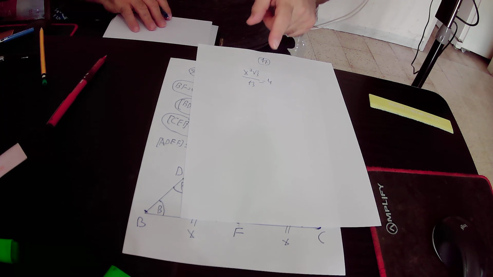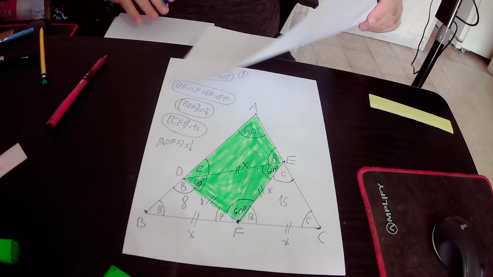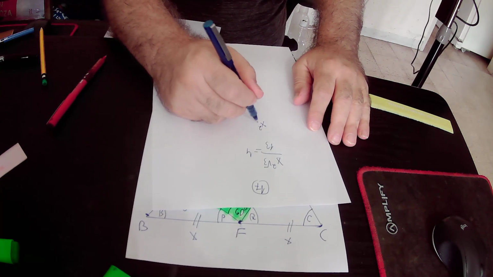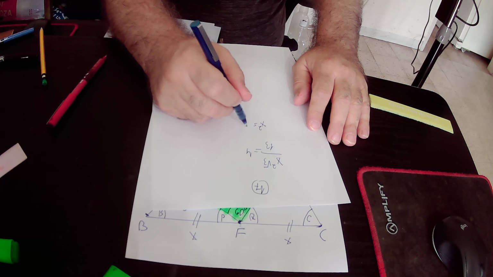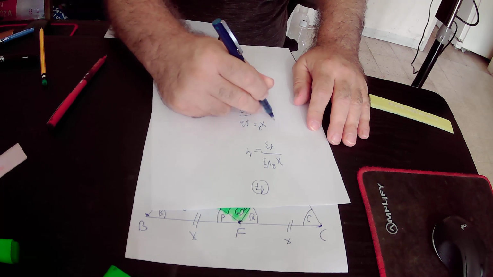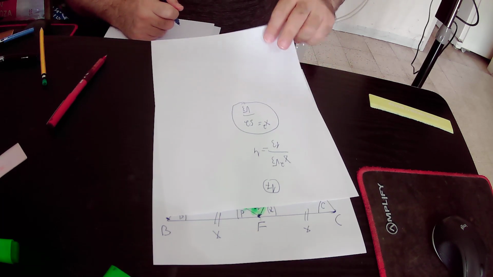Here we will multiply this equality by 13 and then divide it by root 3 in order to get the value of x squared. We will get that x squared equals 13 times 4, which is 52, over root 3. X squared equals 52 over root 3.